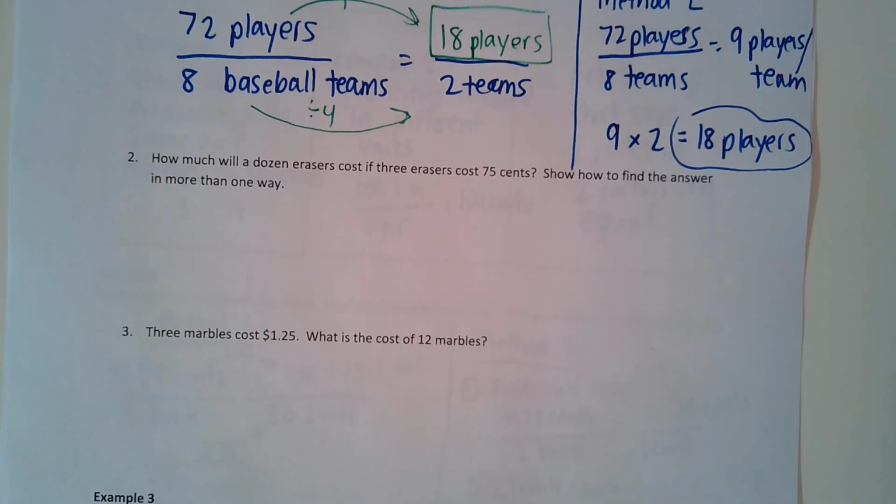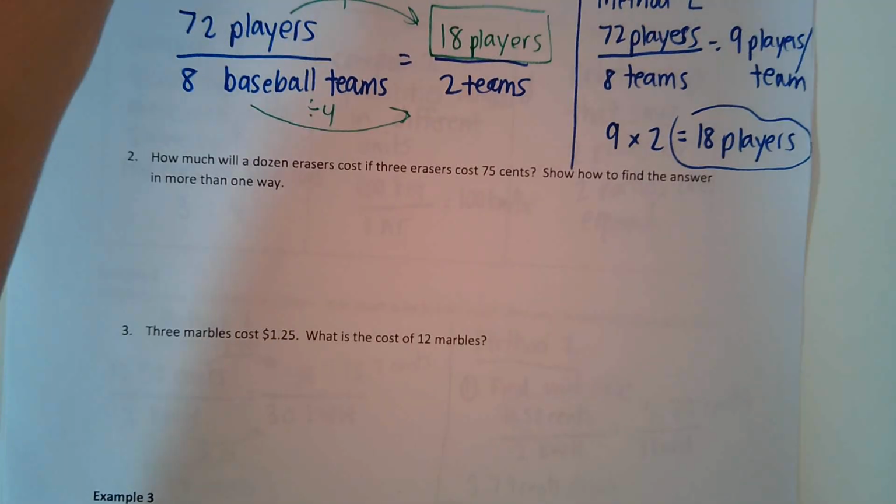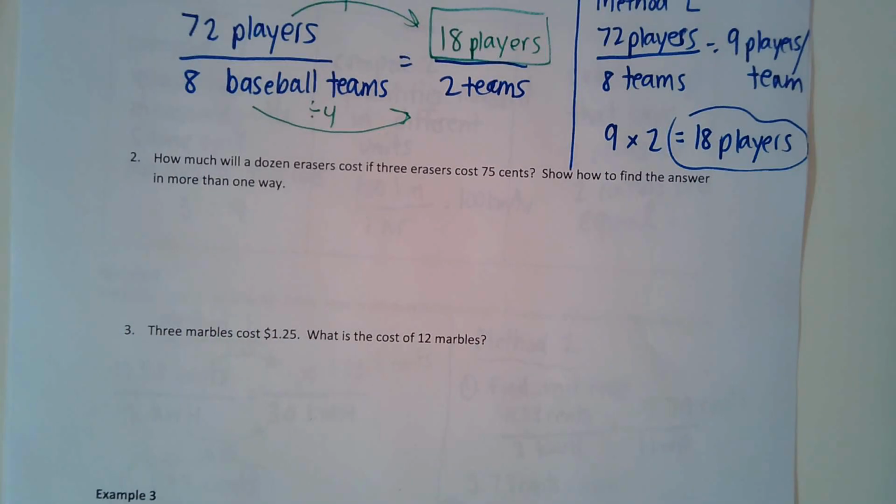Okay, number 2, how much will a dozen erasers cost if 3 erasers cost 75 cents? And I always get this question in class, what's a dozen? So a dozen is 12.